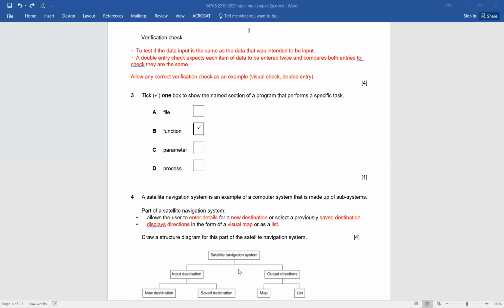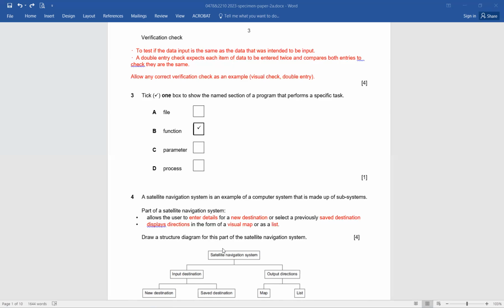If you have any processing, then you show it in between input and output. Although in this case there's no processing, so you're not going to include it. You will have input on one side, and this input is further divided into new destination and previously saved destination. And from here, for output, you talk about map or list. See, so simple it is.